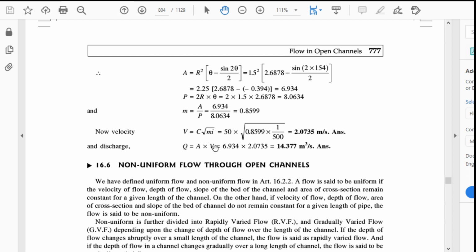So again find the velocity and discharge. For the maximum discharge condition, velocity is C root m i, equal to 2.0735 meters per second, and the discharge value is 14.377 meter cube per second.